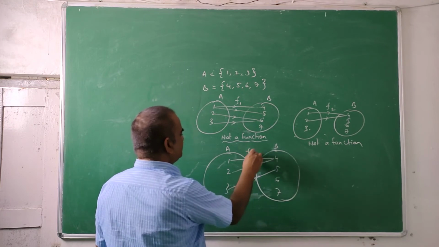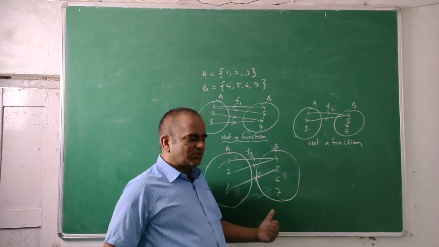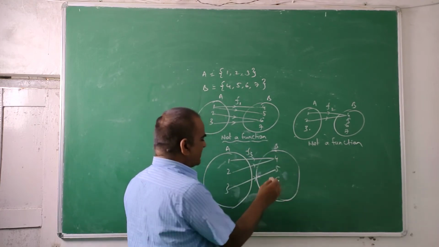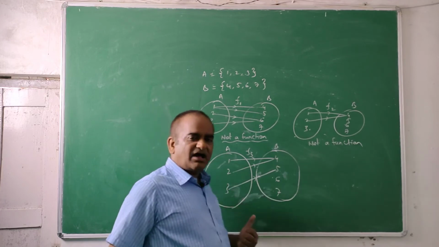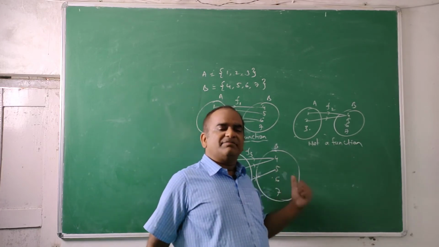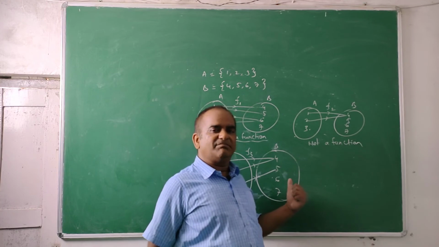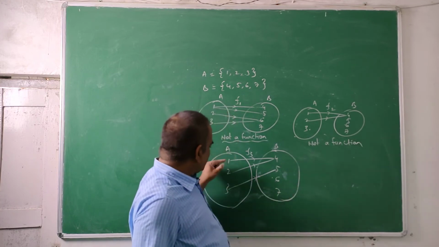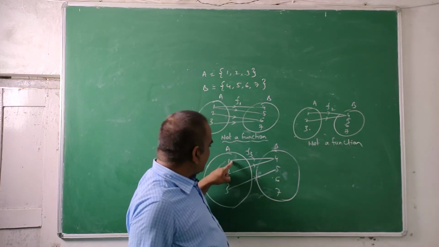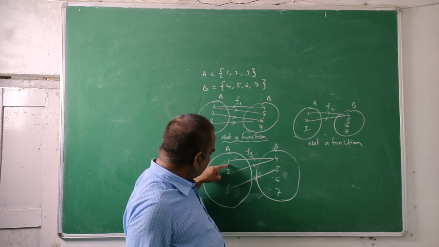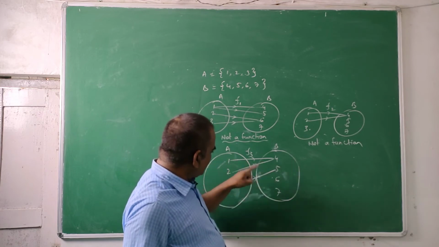See, F3 is a function because the two conditions have been satisfied. Every element of A has some or other image in B, and secondly, you see, is any single element of A having two different images?